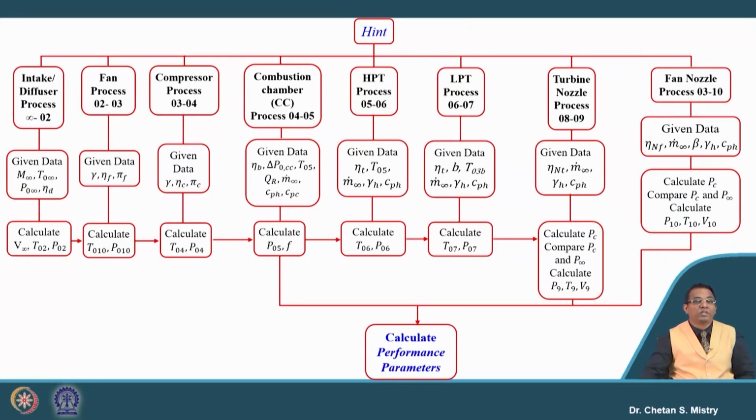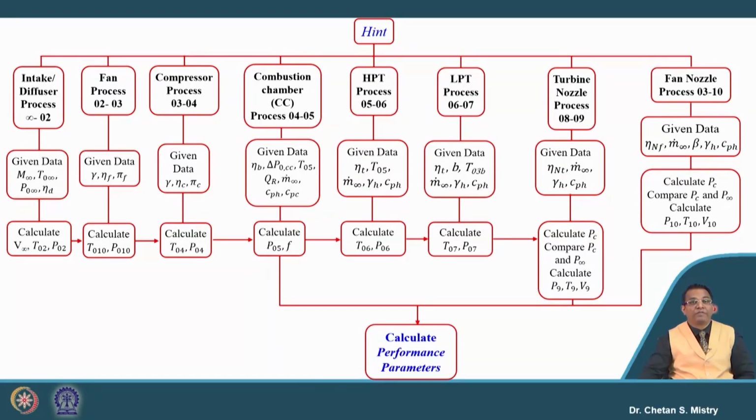We have also discussed how to proceed with the solution. For the different components, from the parameters given to us we calculate the exit condition, which becomes the inlet condition for the next component, and that is how we reach the last component, the nozzle. We have two nozzles here, one is the turbine nozzle and the second is the fan nozzle, and based on that we will calculate the exit velocity.